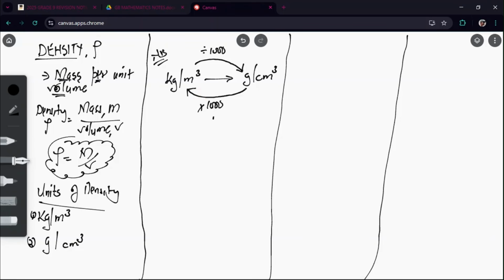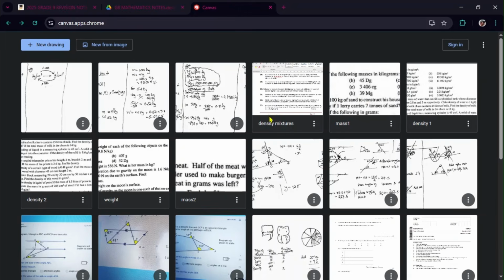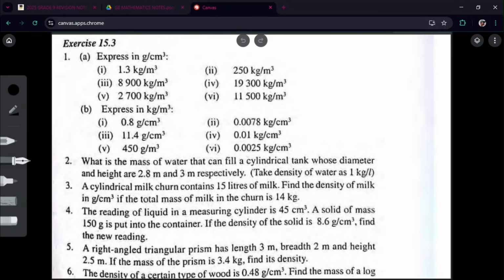Right. Let us have a quick example here. If I pick an example of working out density, we have a number of examples here. Express the following in grams per centimeters cubed. You have a number of examples here, and the vice versa, where you convert into kilograms per meters cubed.